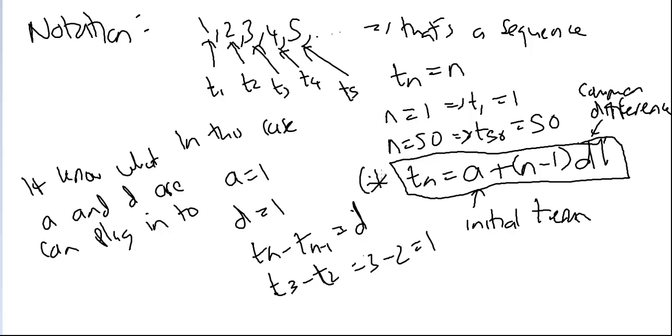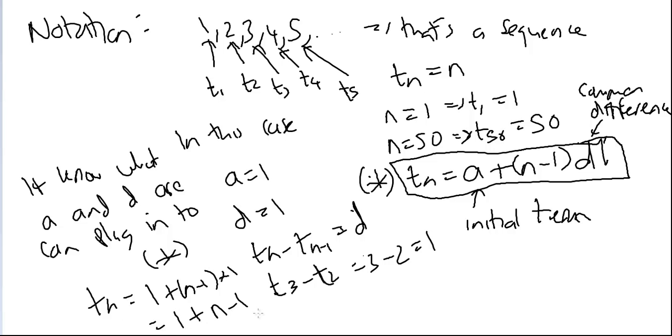I'll call that star. So if a is equal to 1 and d is equal to 1, then star gives us Tn is a, we know a is equal to 1, plus (n minus 1) times d, and we know that d is equal to 1. So we can expand that out. We can say that's 1 plus n minus 1. And then 1 minus 1 is 0. So that's equal to n.